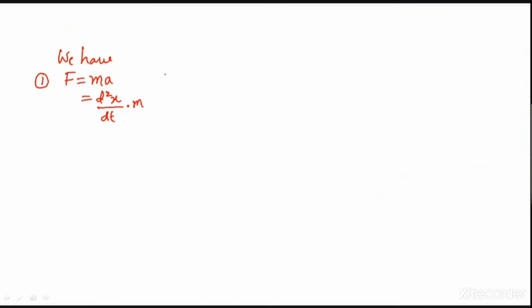And the second one is F is equal to minus kx. This is the restoring force. The third one is Fd, we call this the resistive force or damping force, that is mu dx by dt.